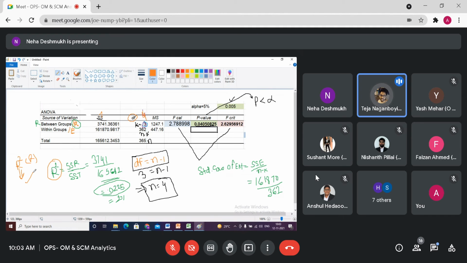Ma'am, in that case the interpretation will be 0.023 somewhere, that means 2.3%. That is very low, ma'am. Yes, only 2.3% of variation has been explained by the independent variables. So how to interpret this? 2% variation in the dependent variable can be explained by the independent variables. The rest of the 98% is unexplained.